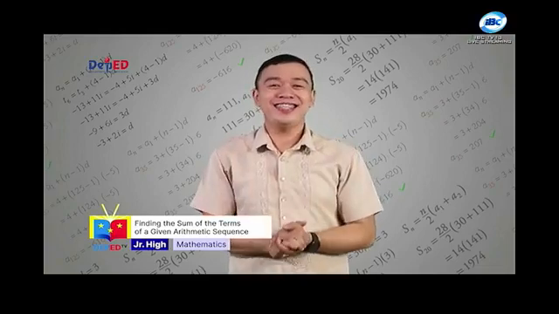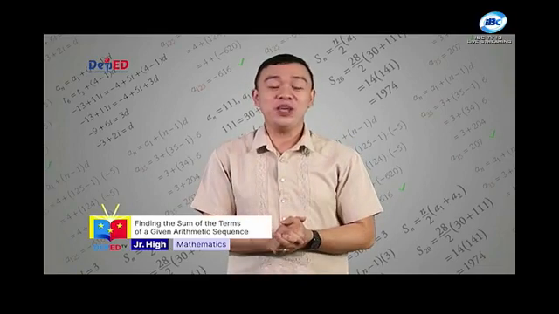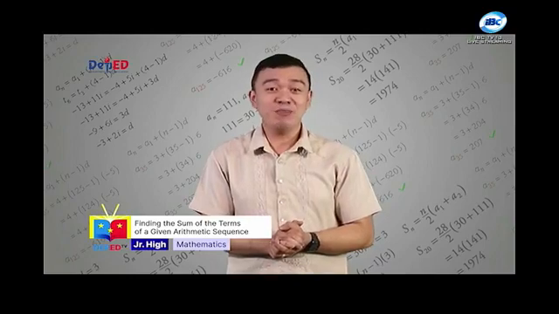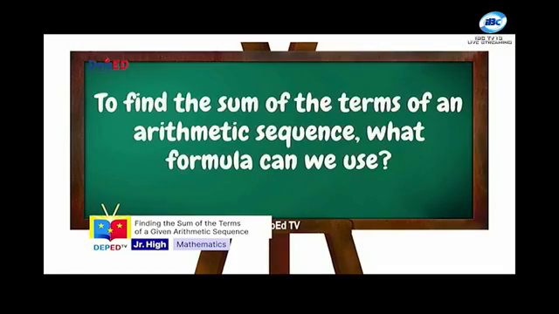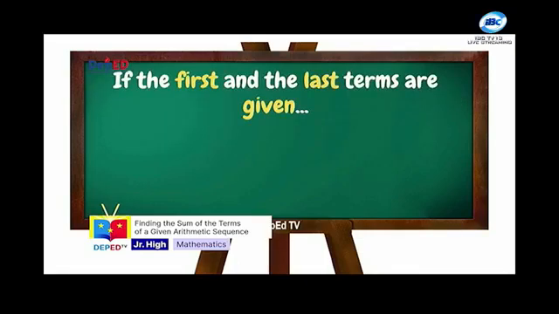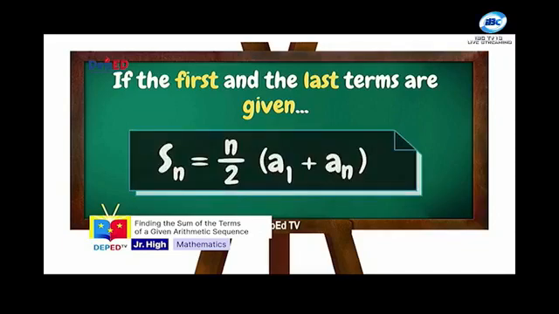Congratulations, dear students! On this part, let us see what you have learned from today's episode by answering the following questions. To find the sum of the terms of an arithmetic sequence, what formula can we use if the first term and last term are given? If the first term and last term are given, we use the formula s sub n is equal to n divided by 2 times a sub 1 plus a sub n.